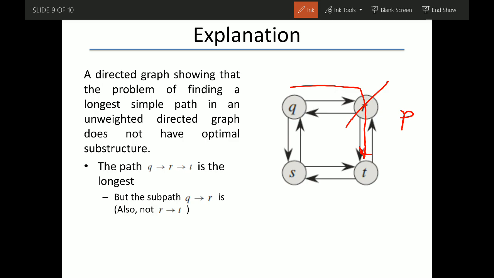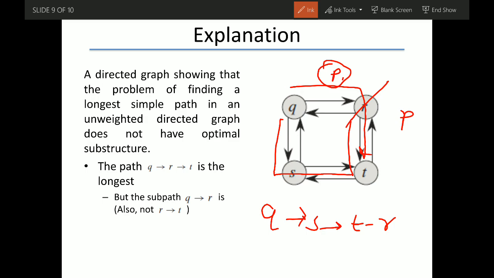So the subpath, that is P1 from Q to R, might be the longest, but it is not, because Q to R is not the longest. There is another path from Q to S, S to T, and T to R. This is the longest path from Q to R. So path P1, that is from Q to R, is not the longest.